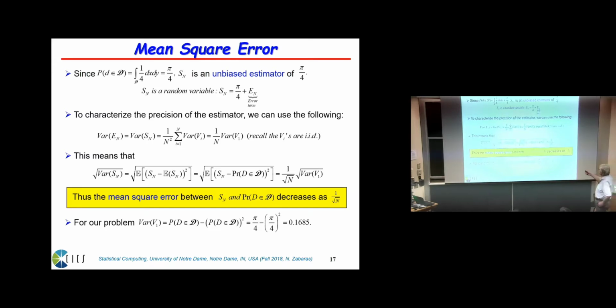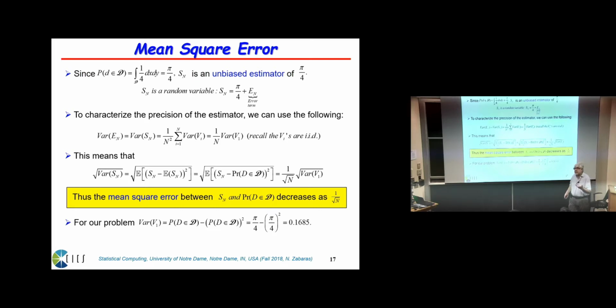And this constant here, the square root of the actual variance, you can actually estimate exactly. Can you tell me where this came from? So this is the true variance. Why does it look like that? Help me. You remember the true probability was pi over 4, right? So what's the variance? It's the expectation of x squared minus the expectation of x, squared. So this is the expectation squared, so pi over 4 squared. And why did that first term become pi over 4 only?